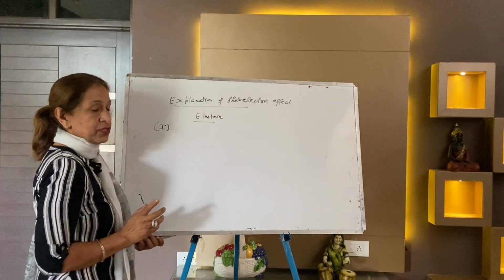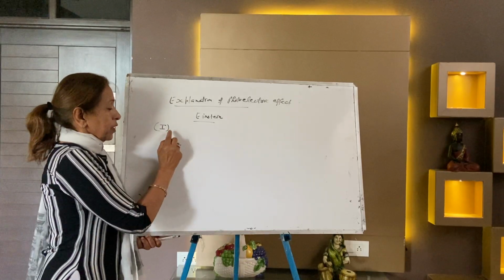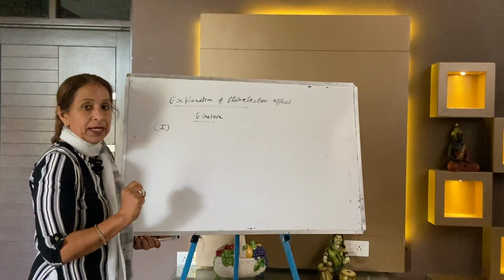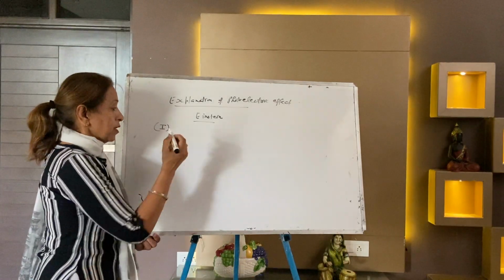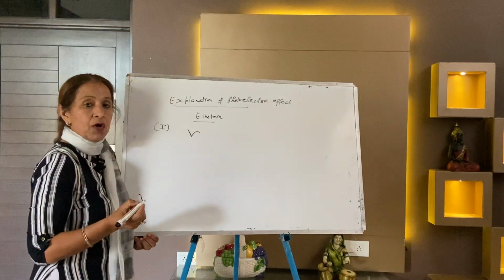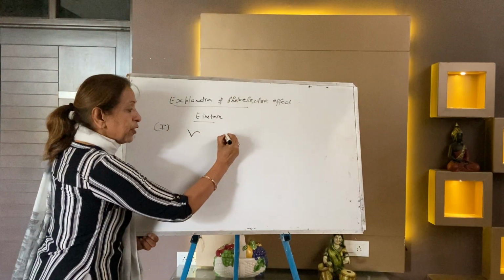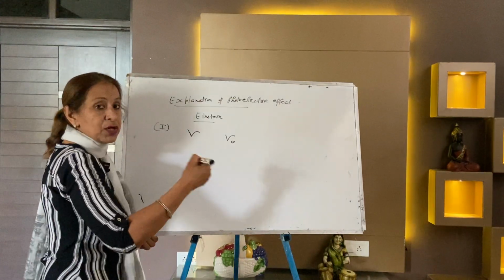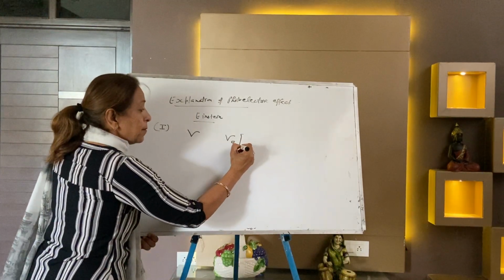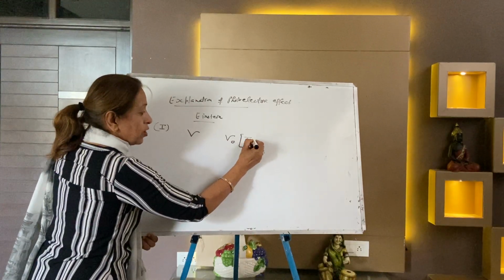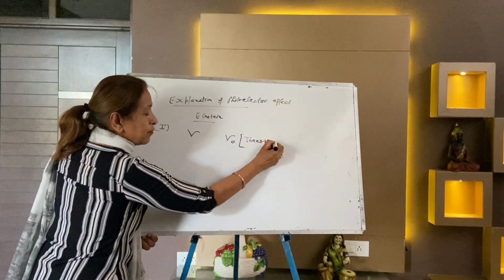The first observation. Now how did Einstein explain the photoelectric effect? Nu is the frequency of the incident light, and write down nu naught, the minimum frequency required by the metal surface to eject an electron. It's called the threshold frequency.